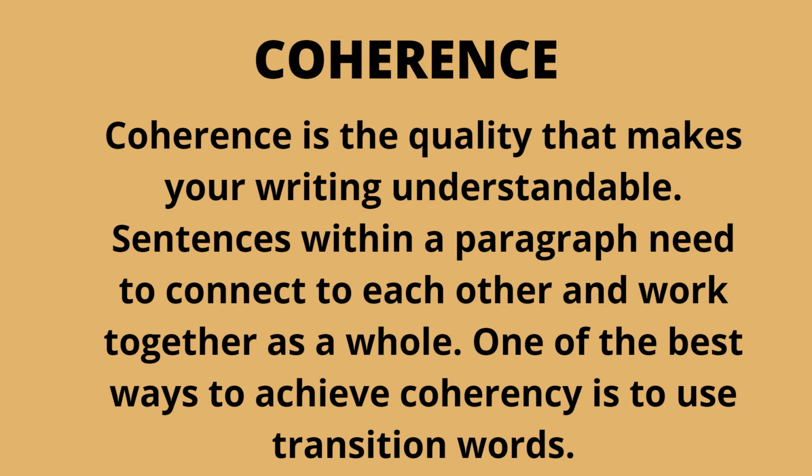One of the best ways to achieve this coherence is to use transition words. You know what these words are? In fact, these words create bridges from one sentence to the next, means they are connectors and they easily transit the idea to the other sentence from the previous one.